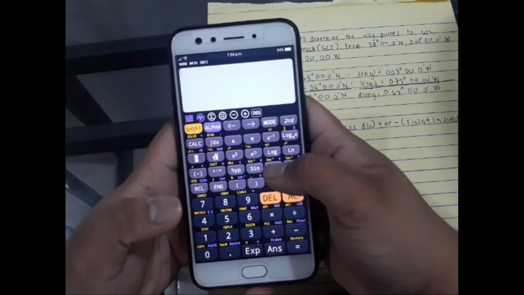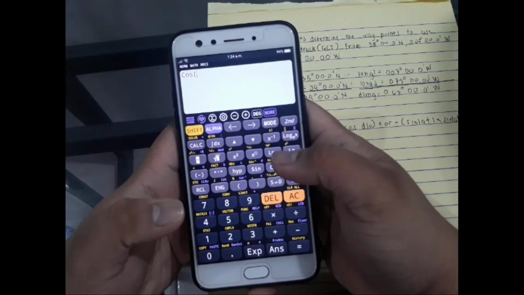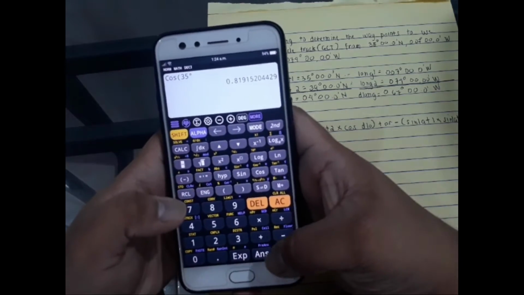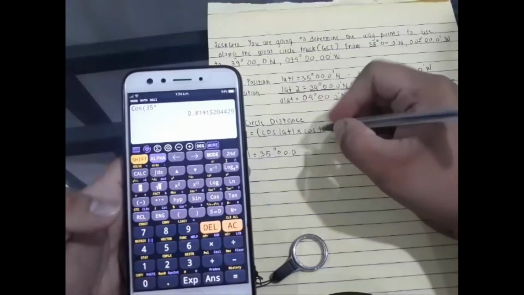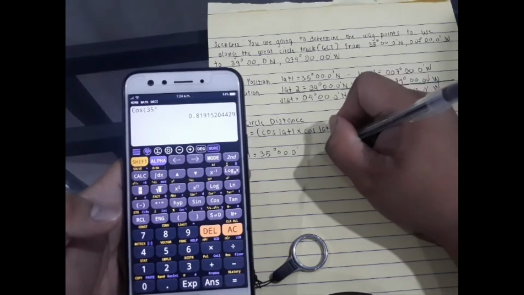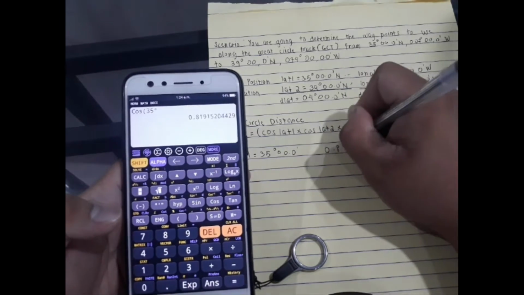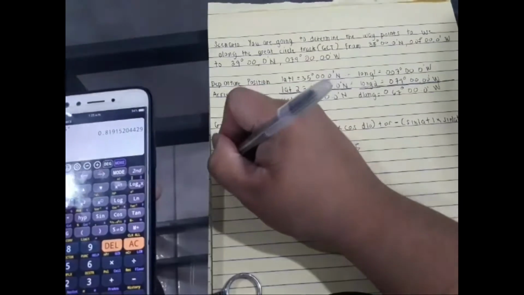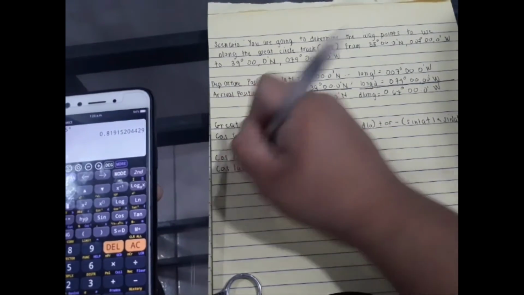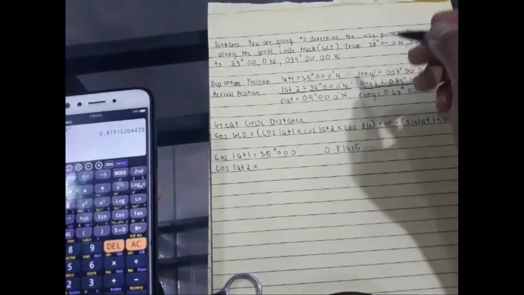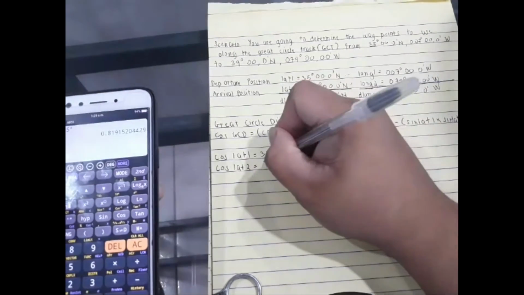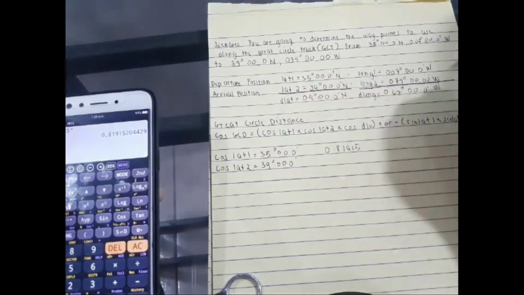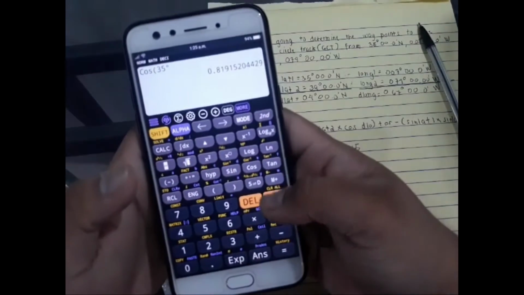We press cos and 35 degrees, and the answer will be 0.81915. Then the cos lat 2 is cos of 39 degrees, just the same.